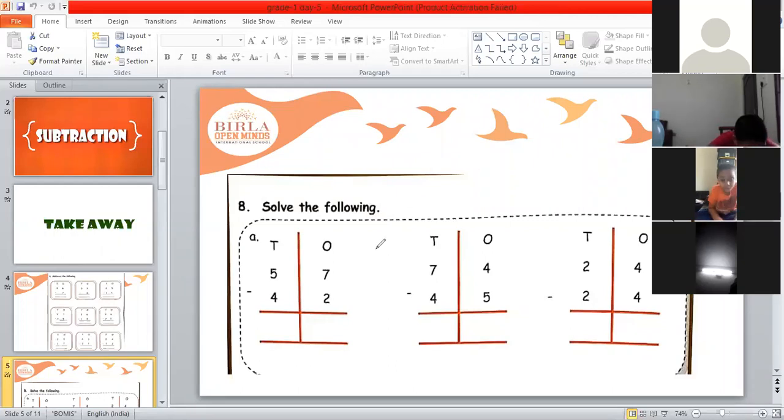Come on, this is 57. No, who will read this symbol? Minus. Now read this question from the start again. This is 57.